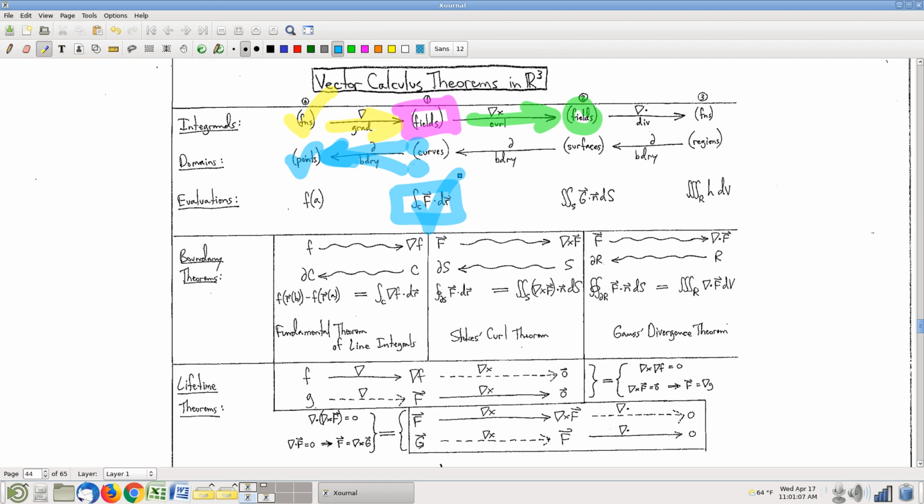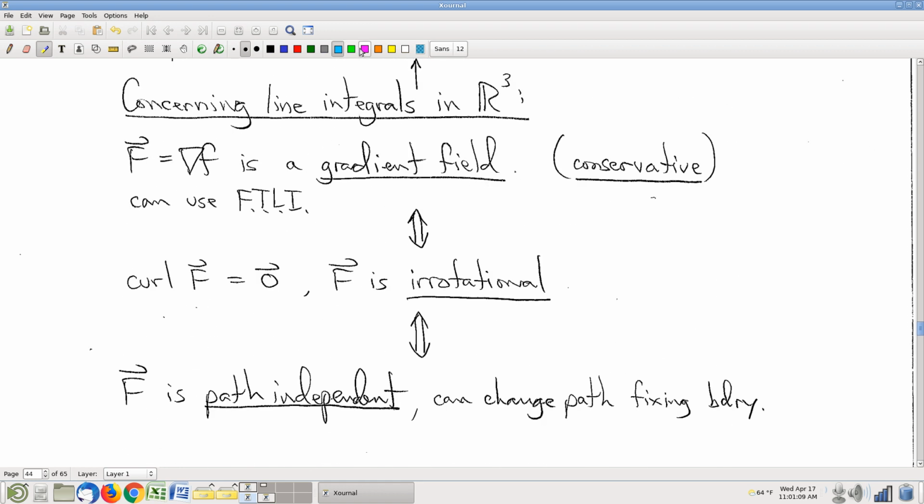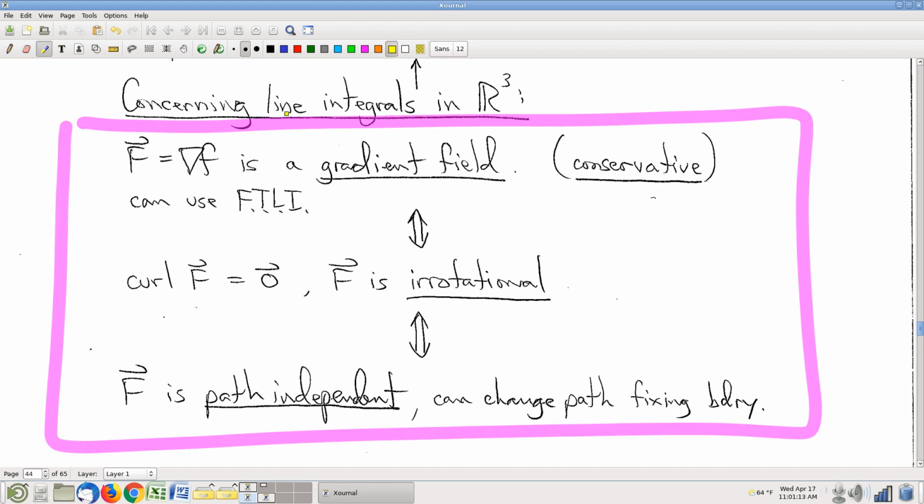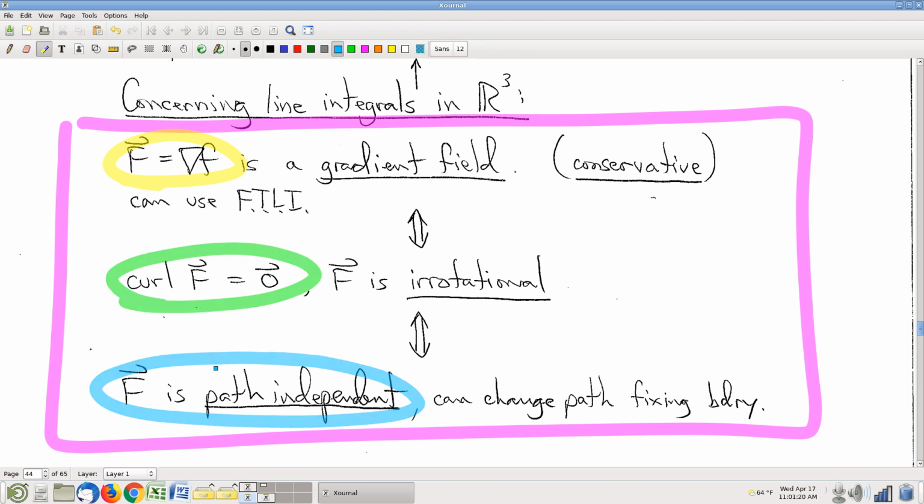So the same connection holds for the special vector fields: gradients, irrotational, path independent. Same pattern, really similar.